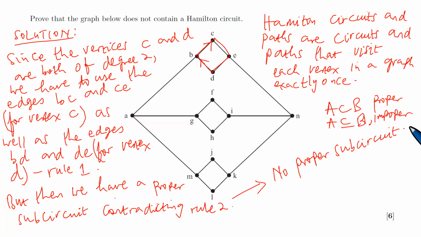So what does rule 1 say? Since the vertices C and D are both of degree 2, let's look at the vertices C and D. We need to analyze that. We have to use the edges BC and CE for vertex C, as well as the edges BD and DE for vertex D. That is certainly rule 1.